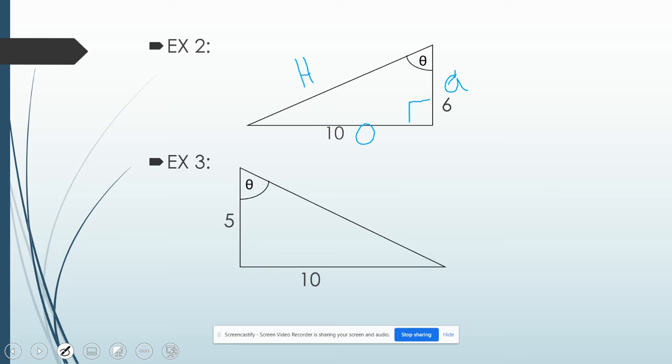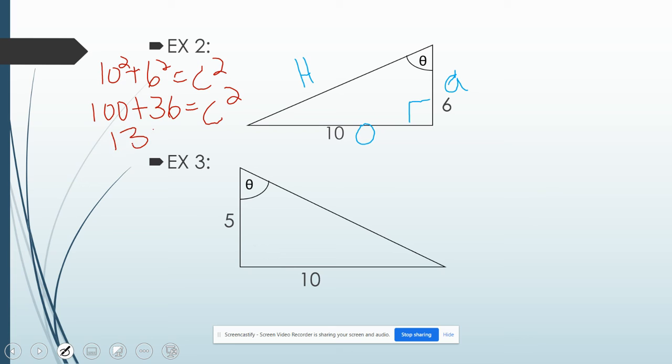The first thing I need to do is figure out what the hypotenuse is. So 10 squared plus 6 squared is equal to c squared. 100 plus 36. 136. 136 is not a perfect square. So I'm going to reduce that radical. 136 is even, so I'm going to pull out a 2.